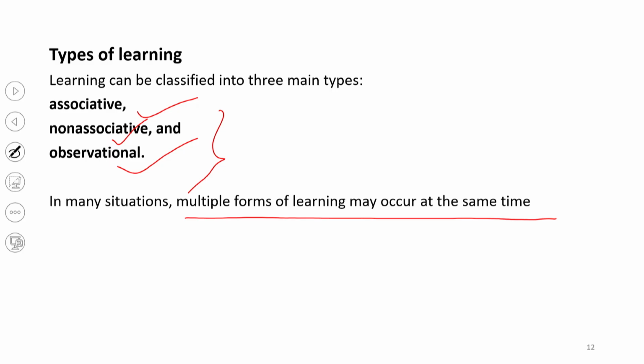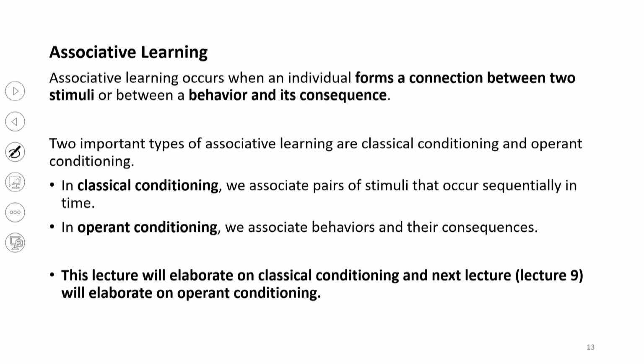Let us look into each of these in detail. The first one is associative learning. As the name suggests, people or animals learn to associate 2 things. Associative learning occurs when an individual forms a connection between 2 stimuli or between behavior and its consequences. Whenever there is learning of association, if this comes, this will come.